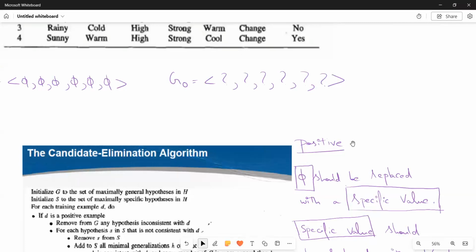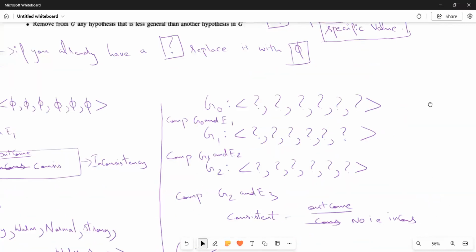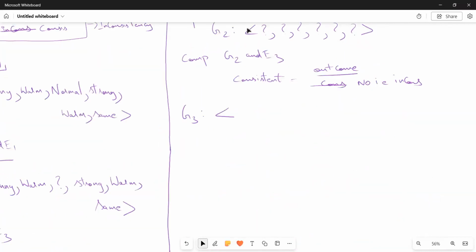Sunny and the first question mark of the generic boundary hypothesis. And the next one, warm, and the generic hypothesis. Then normal, then it keeps on going, the pool, same. Probably I will write it for you so that you can understand what is happening.